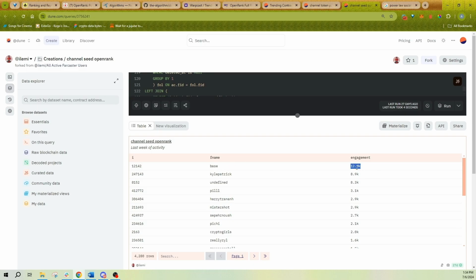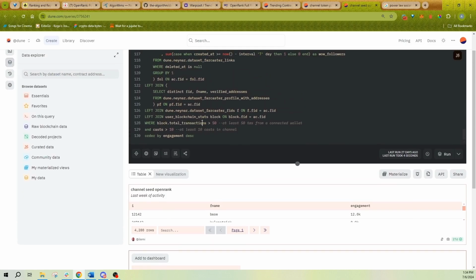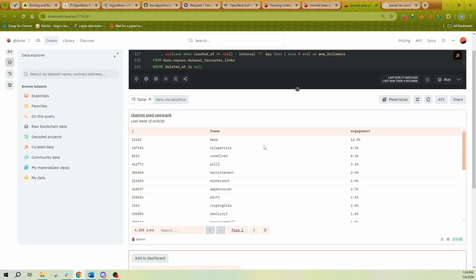I could just take this engagement and do a weighted average of the contracts that they're interacting with. But that's only the interactions of, in this case, I already put in some sort of minimum engagement, so it's maybe 4,000 of these casters. Realistically, we're only going to choose 100 or 1,000 from the seed.